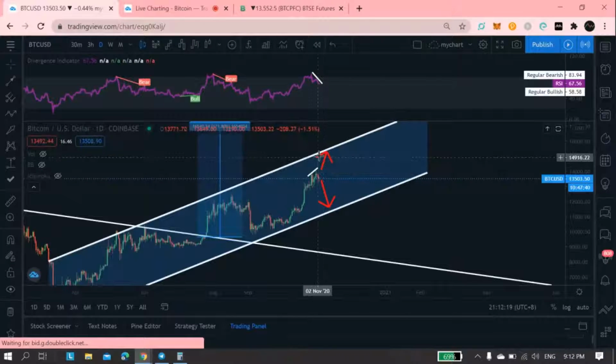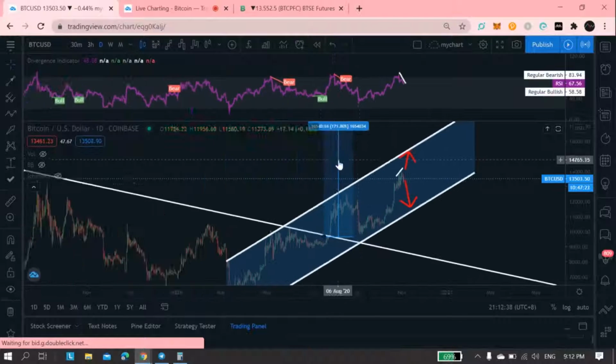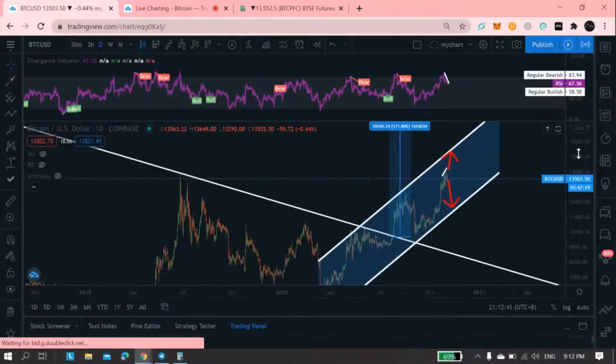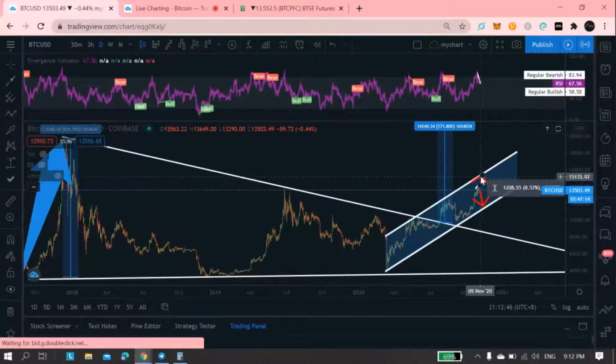Well, it actually depends on where the candlestick retests this resistance line. Same with this, but for support, I'm looking at the area around the 11,600 area. So for this one, possibly around close to 15,000.